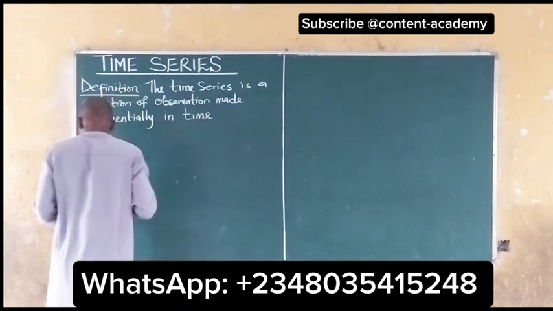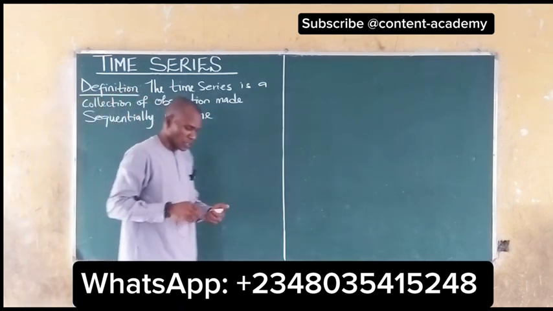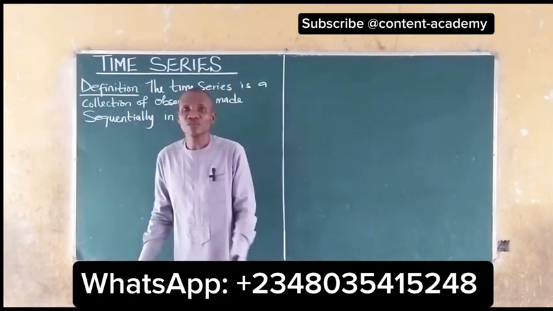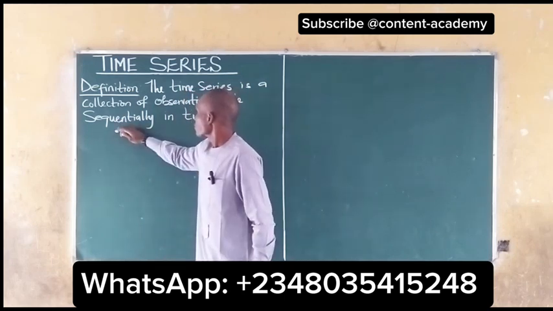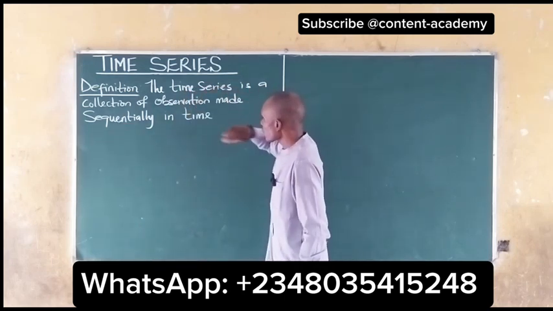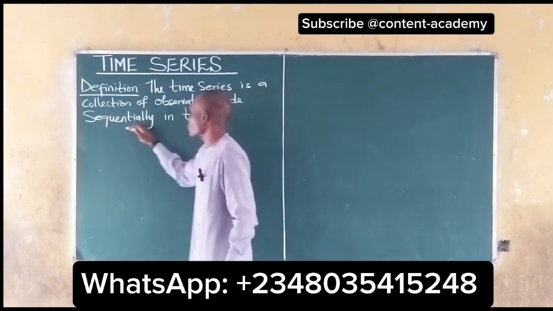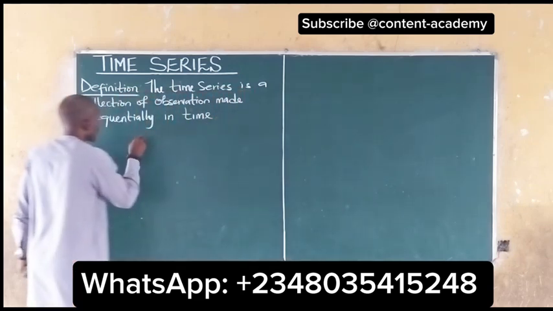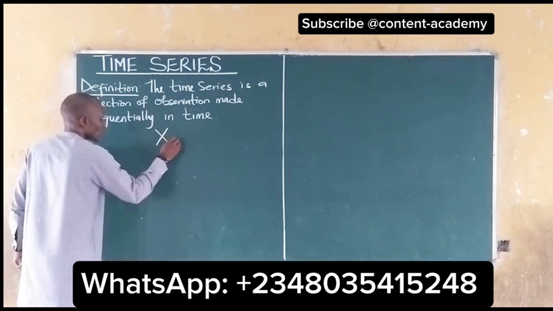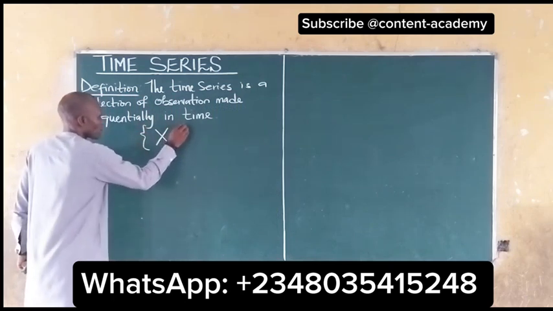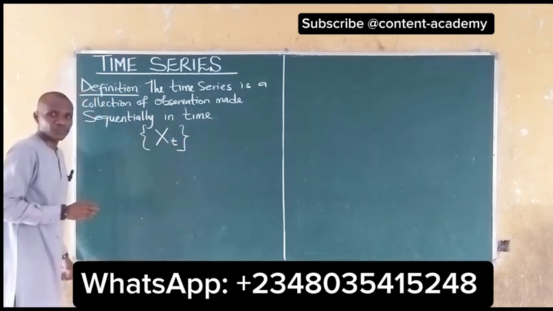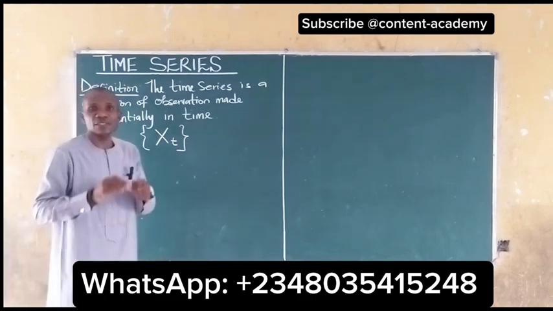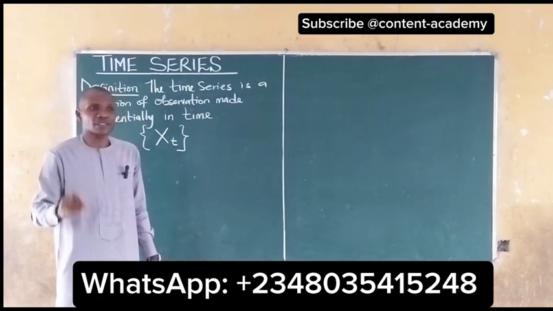So time is very useful in time series, and as a stochastic process, it's an ordered sequence of observations. We also define the time series to be a collection of observations made sequentially in time. Sometimes we denote the time series as xt, which is the value of the observation. The ordering is usually in time.